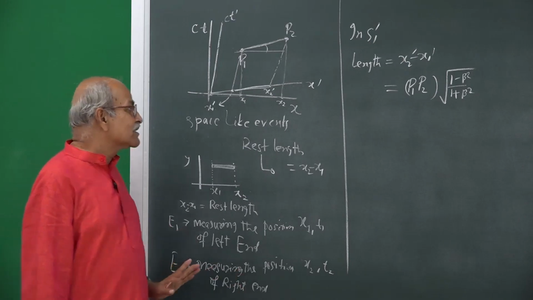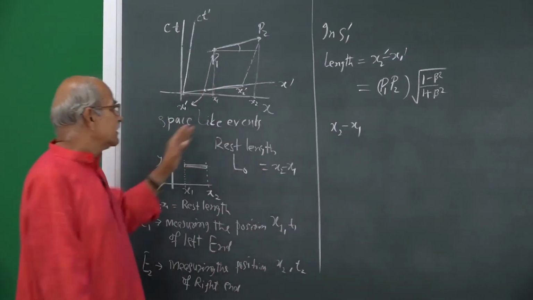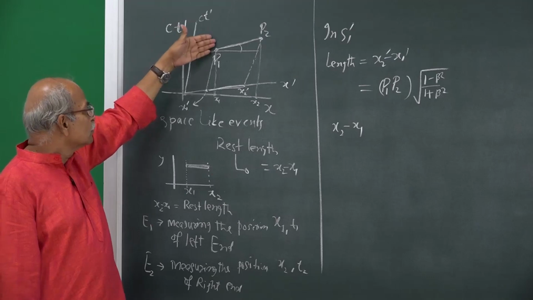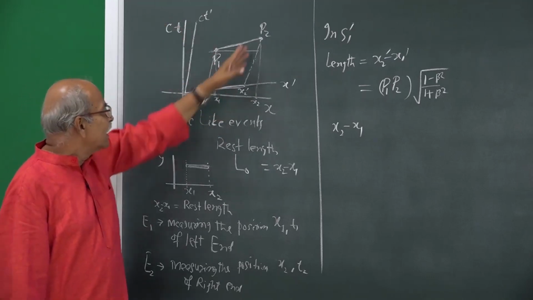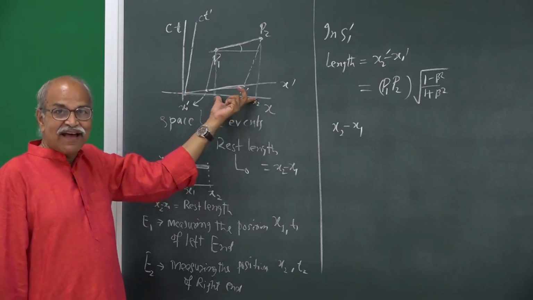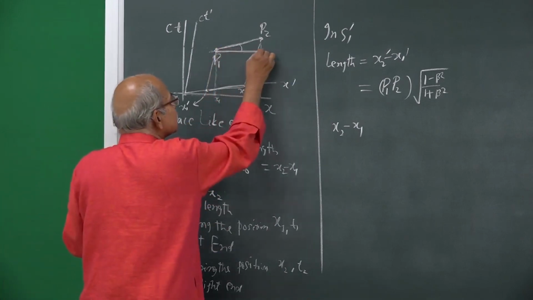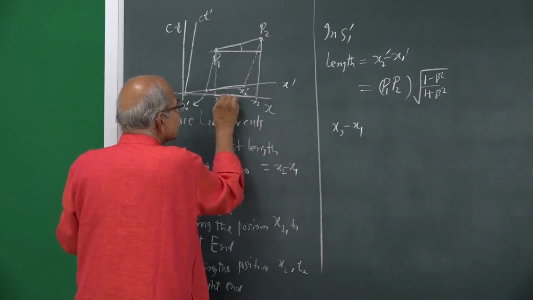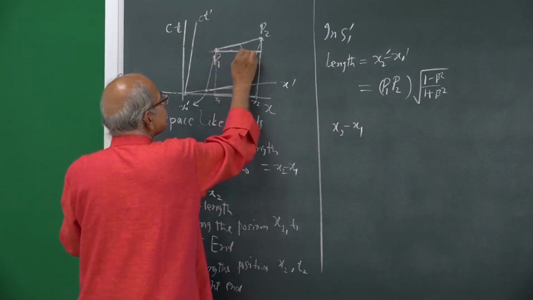And what is x2 minus x1? x2 minus x1 is simple. In this S frame, this is x axis, this is ct axis. You draw a line parallel to the ct axis, it meets here, this is x1 and then this is x2. So, it is just this length and no more scaling factor, and this length is the same as this length.